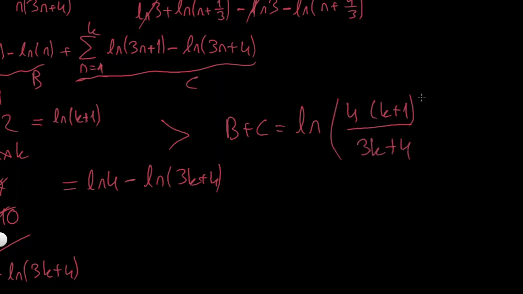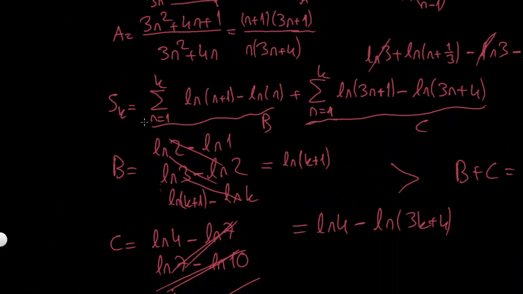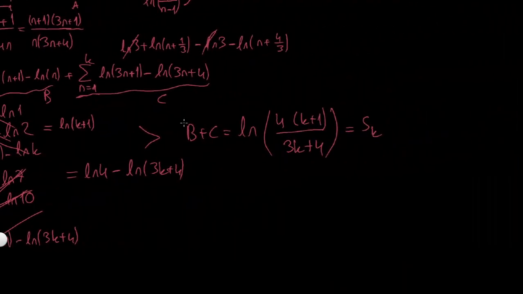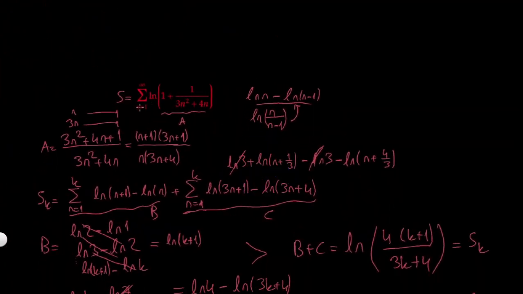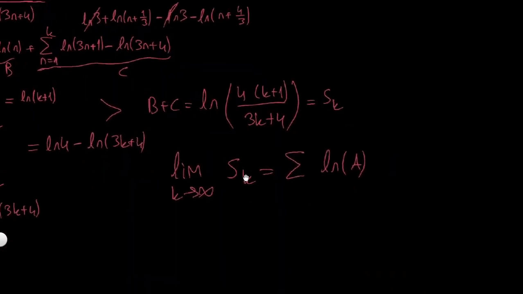So this is a big ln again, and this is equal to S_k, how we defined it here. I said b plus c is just S_k, and I know that my infinite sum, taking k as the limit as k goes to infinity of S_k, is going to be equal to my sum, which was ln of a. So let's just call it S.